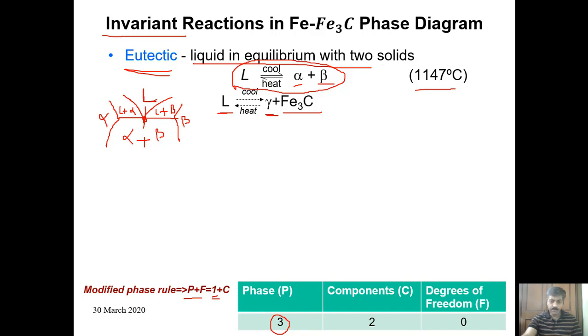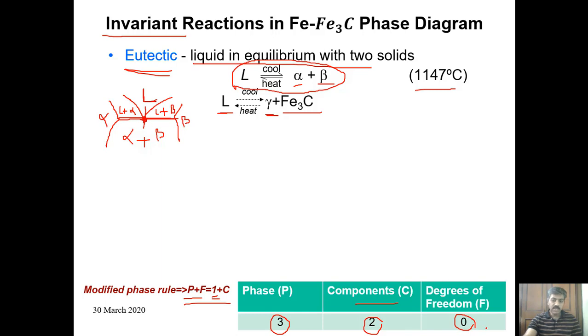Okay, how many components? It's a binary system, so the number of components is 2. Now if you put this P and C value in this expression, you get that the degree of freedom is 0. Degree of freedom 0 means you do not have anything in your hand, so everything is fixed. That means the eutectic composition is fixed, the eutectic temperature is fixed, so everything is fixed.